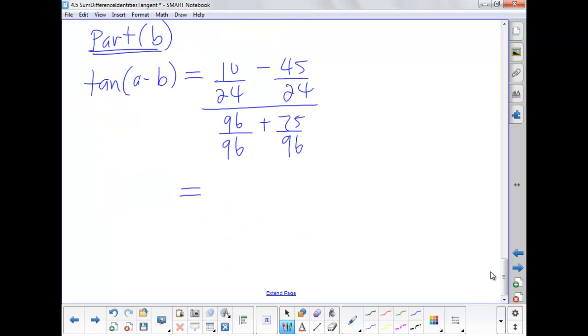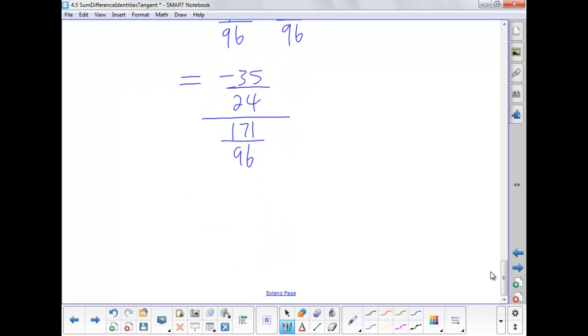Right, so now if I do a simplification of the numerator, I'm going to have negative 35 over 24, and in my denominator I'm going to have 171 over 96. So like I did a moment ago, I'm going to invert and multiply here to finish simplifying what we have.